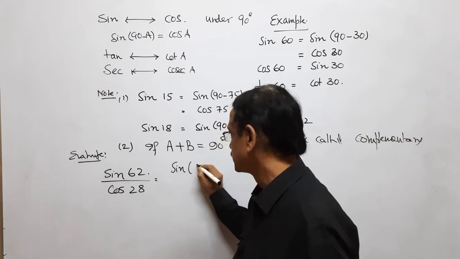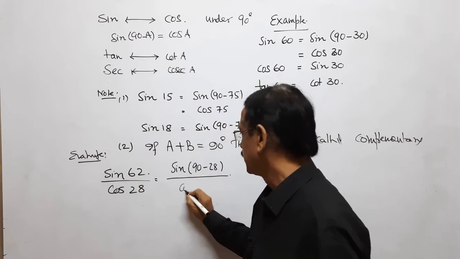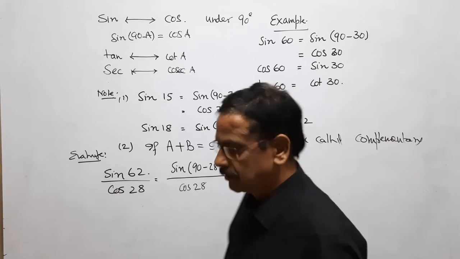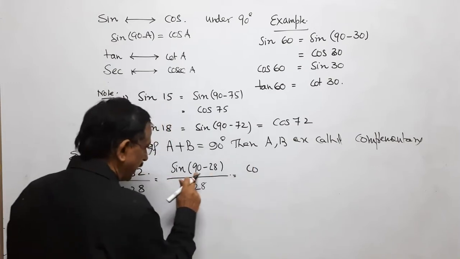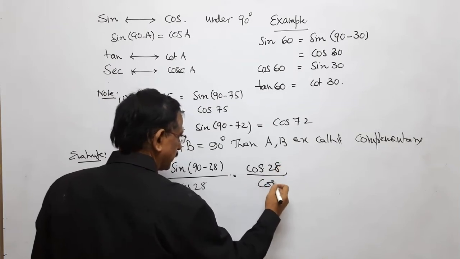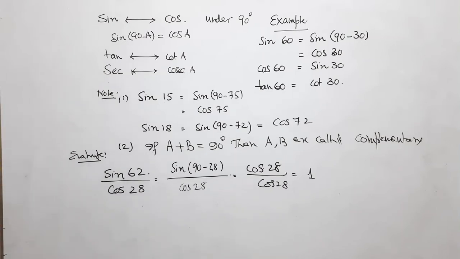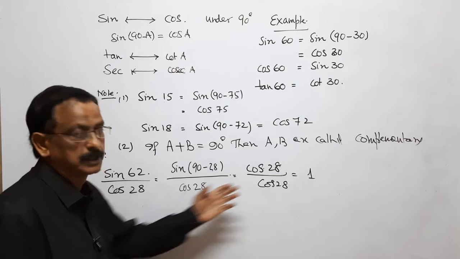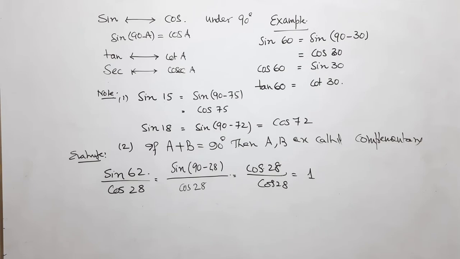Sin 62 can be written as sin of 90 minus 28, divided by cos 28. What is sin of 90 minus 28? Sin of 90 minus becomes cos, the angle is 28, so cos 28 by cos 28, which is 1. This is the way of doing certain problems. Sin 62 by cos 28 will become 1. Even some of the angles we can evaluate.